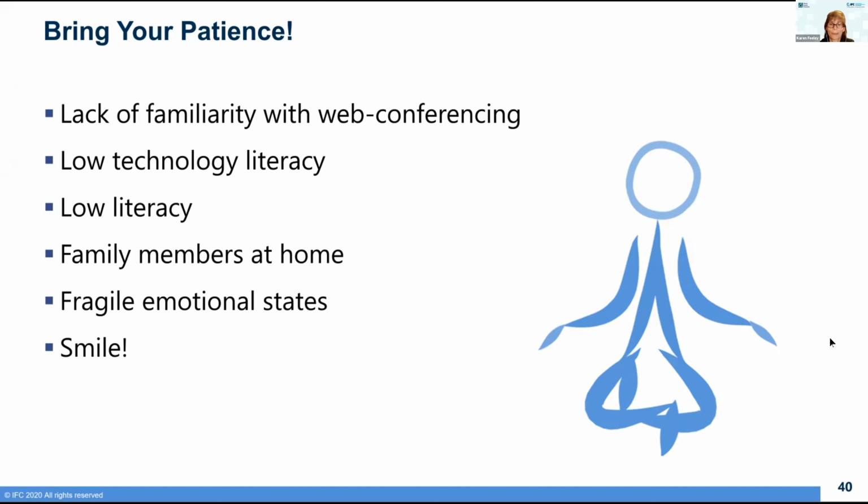Another point to remember is that participants might not be in their normal work situation. They might be dealing with all kinds of new stress, from how do I work and babysit my kids and be the homeschool teacher to them, and do all this stuff that they've never had to do. So they're pretty stressed out too. So it's really important to be cognizant of this and empathetic of their situation.